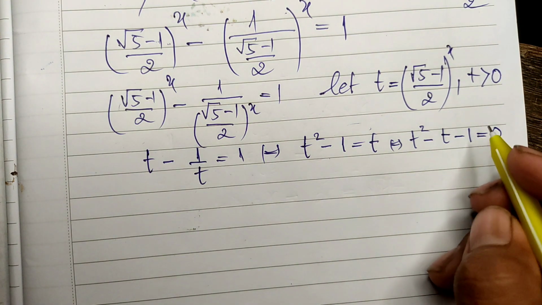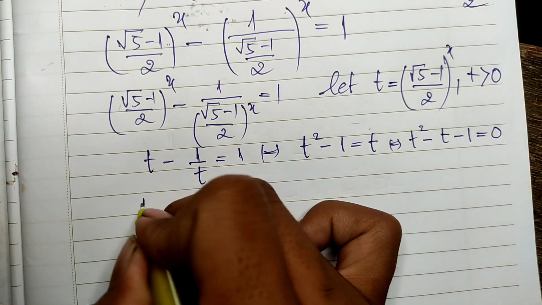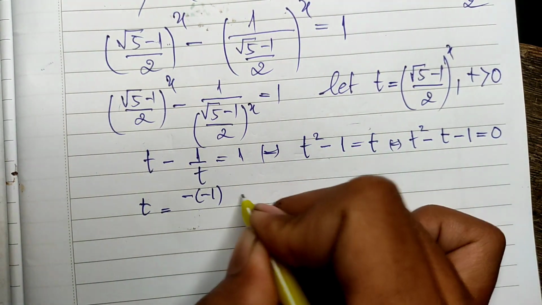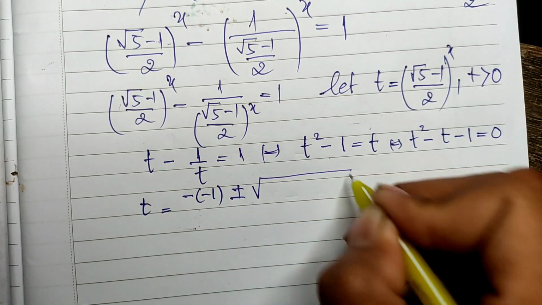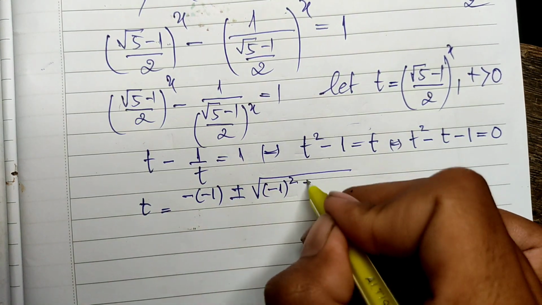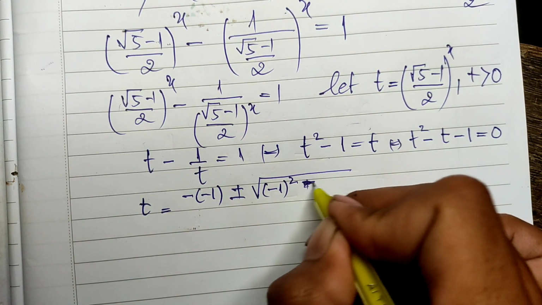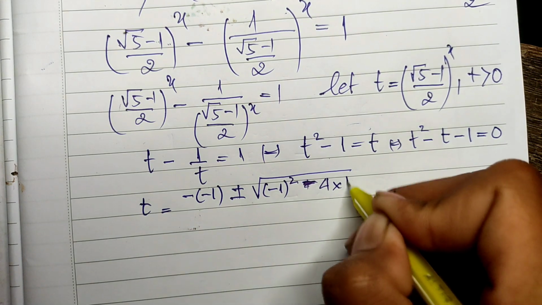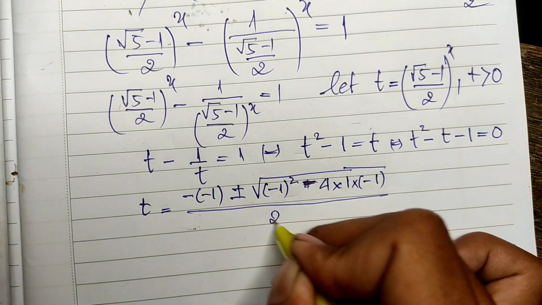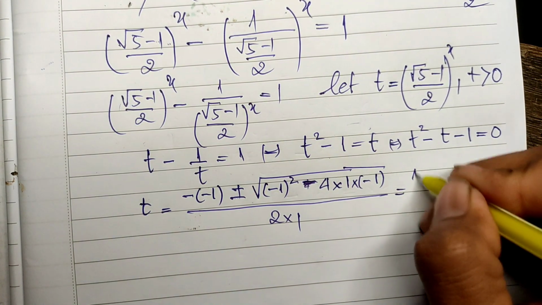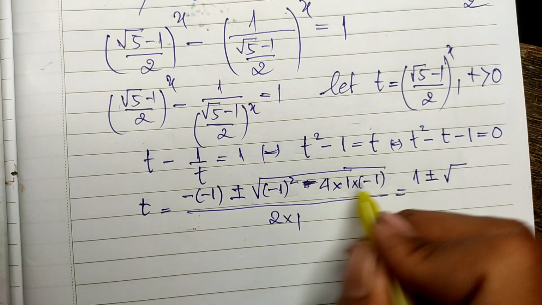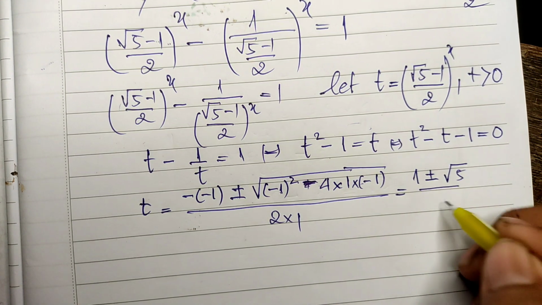So we can find the values of t. t equals −(−1) plus or minus the square root of (−1)² − 4 × 1 × (−1), divided by 2 × 1, which equals 1 plus or minus the square root of 1 + 4, so 5, divided by 2.